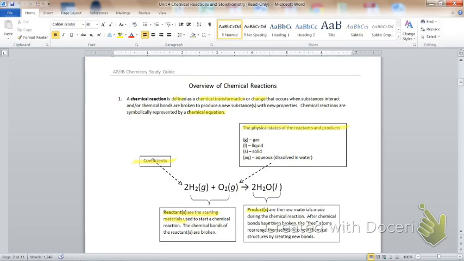For instance, this 2 in front of hydrogen represents that we have 2 H2 molecules. That's going to react with one molecule of O2 to produce 2 molecules of H2O. And so those are what the coefficients are, and we'll talk more about the coefficients and the true meaning behind them in class.